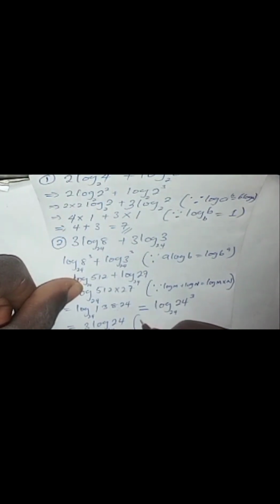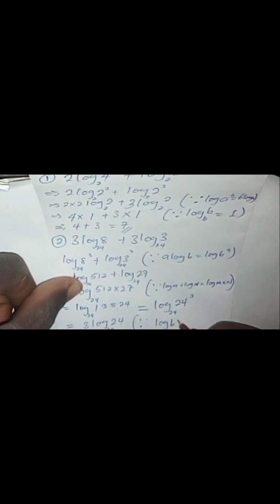What is our reason? That is because when you have log b raised to the power a, it is the same thing as a log b. This is our reason. Also from here, we know that log 24 base 24 is 1, so this is the same thing as 3 times 1. Cool? Because the number and the base are the same.